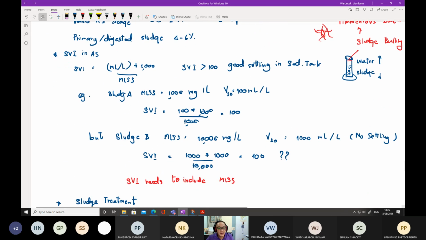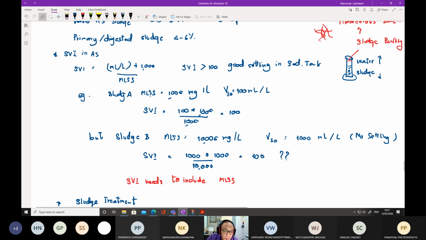The sludge volume index is equal to V30 over the suspended solids. Why am I calling this V30? Because we put the water from the aeration tank into a cylinder, and leave it for 30 minutes. After 30 minutes, all the sludge will move down in the cylinder, and the water will move up like this. In this case, we can read the value of V30.